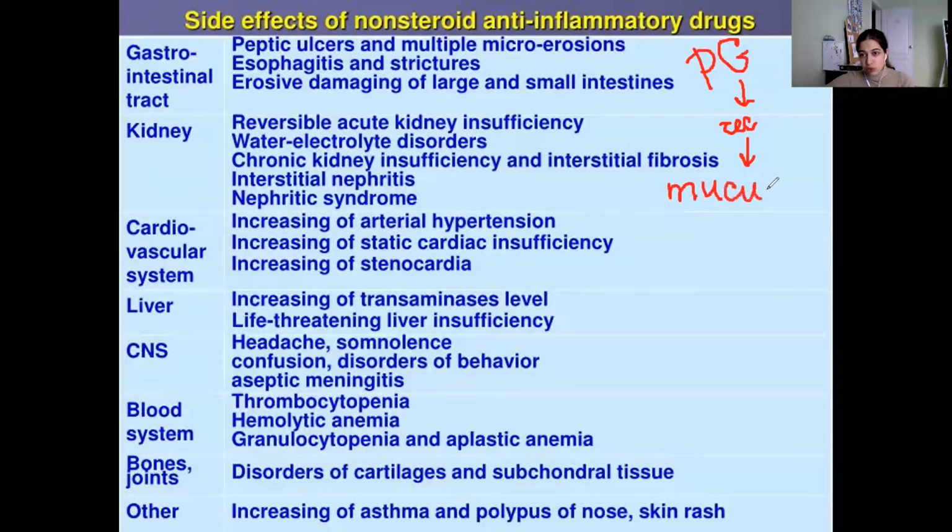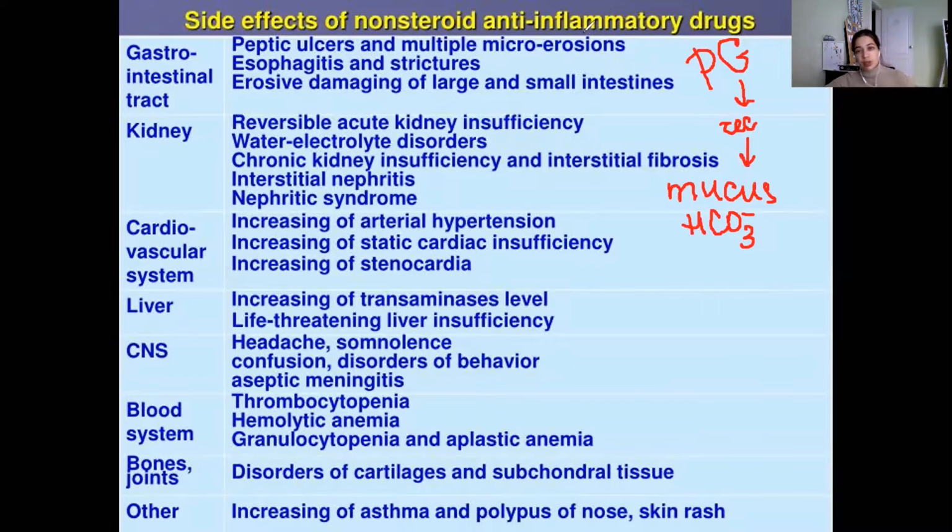You know that mucus contains bicarbonates, HCO3, which is responsible for reducing the acidity in the stomach, which protects the mucosa from the acid, actually from the HCl.